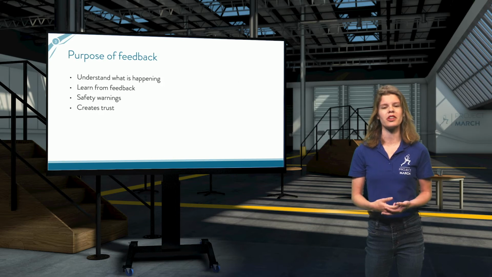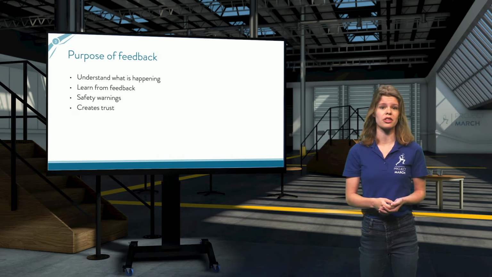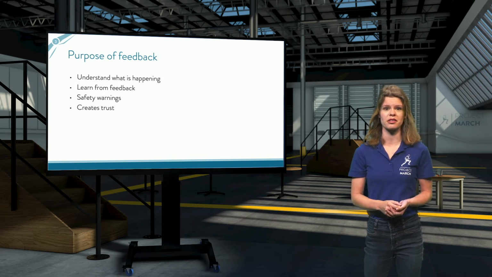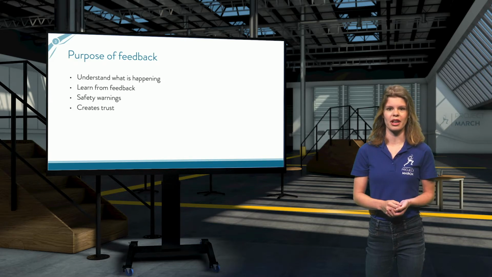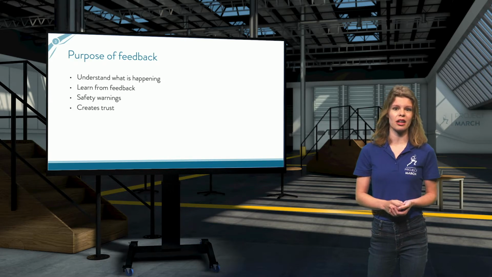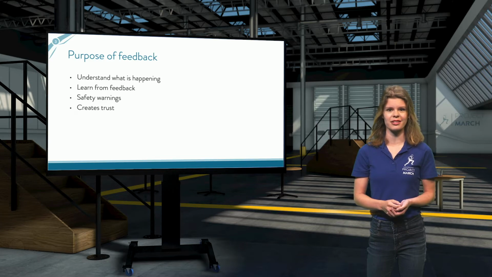The purpose of the feedback, which we discuss in this video, tackles several different reasons. The first one is to ensure that the pilot can understand what is happening in the exoskeleton. Then the second reason follows from that. If the pilot understands what is happening in the exoskeleton, they can learn from that and change their input accordingly.